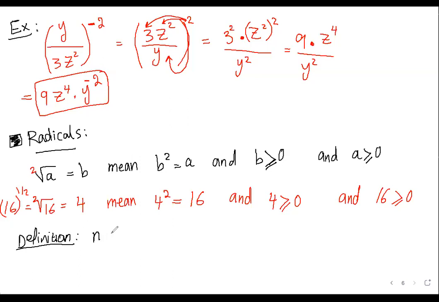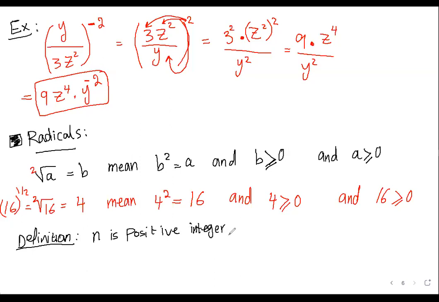So n is a positive integer. Again, the positive integers are 1, 2, 3, 4, 5 to infinity.